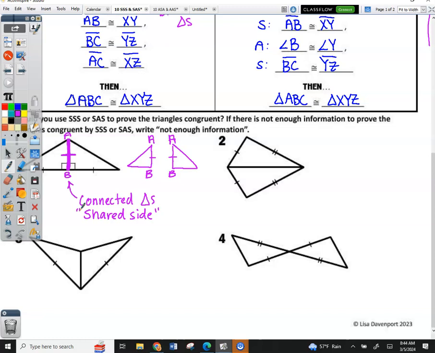I would love for you to jump to the next question where you see a shared side. Put your pencil on the next picture that has a shared side. I'm walking around to check. You don't have to mark it yet. I just want to see who's got their pencil where. You're putting your pencil where the next picture entails a shared side.